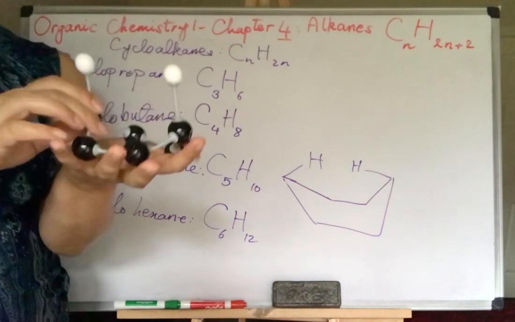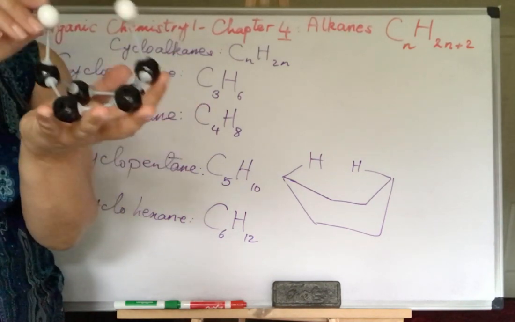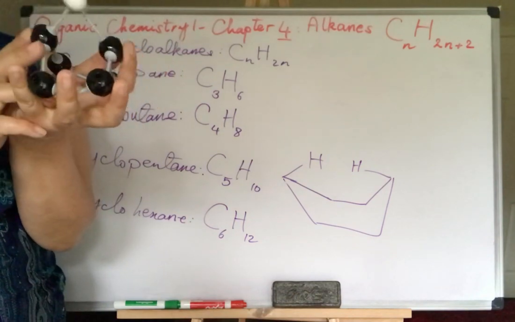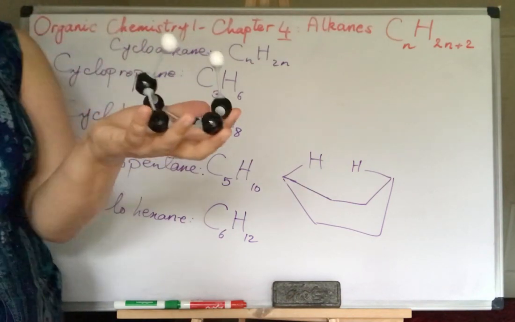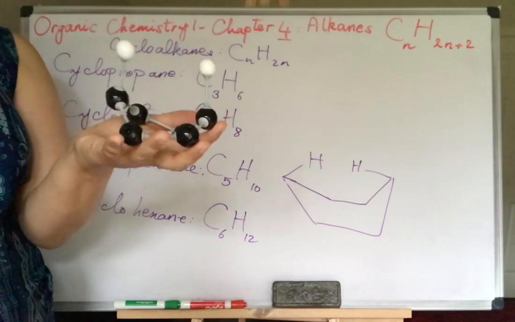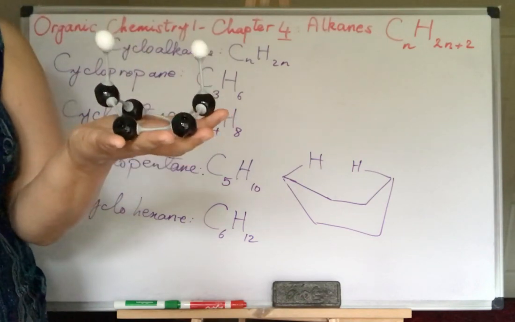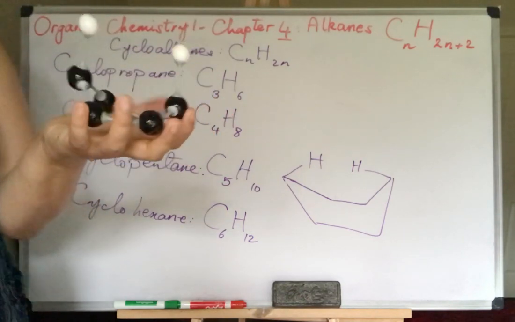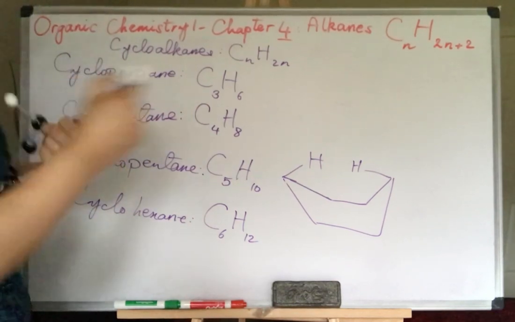In the boat, you see the two hydrogens have a steric strain. So the boat conformation is not very stable for cyclohexane. This is the boat.